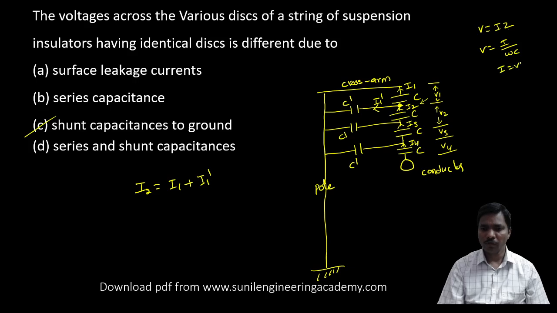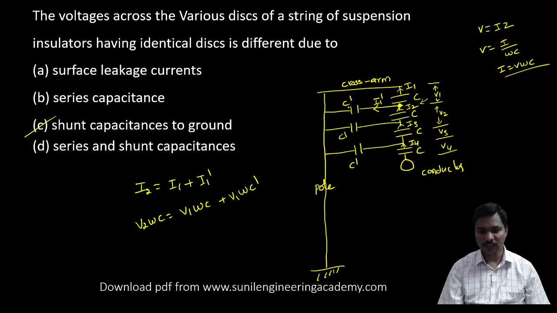So I is equal to V into omega C. From that, I2 is V2 omega C, and I1 is V1 omega C plus I1 dash, where I1 dash is V1 omega C dash, since the capacitance C dash is there.